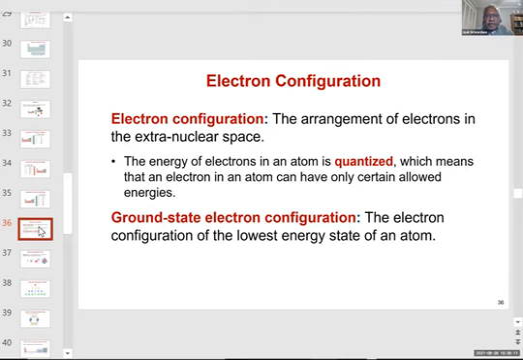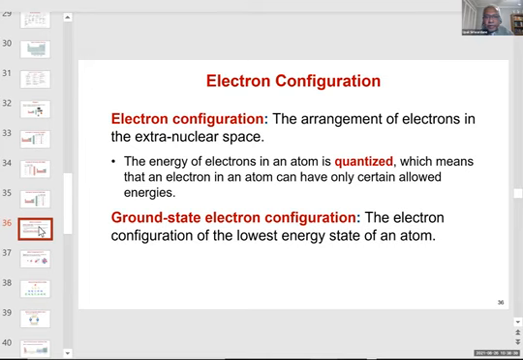What is electron configuration? Electron configuration is the arrangement of electrons in the extranuclear space. So that means how they are arranged outside the nucleus, how electrons are arranged in the atom outside the nucleus.